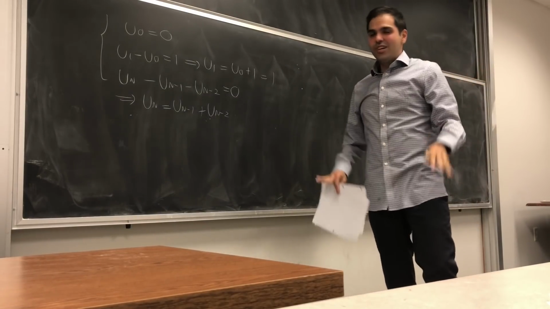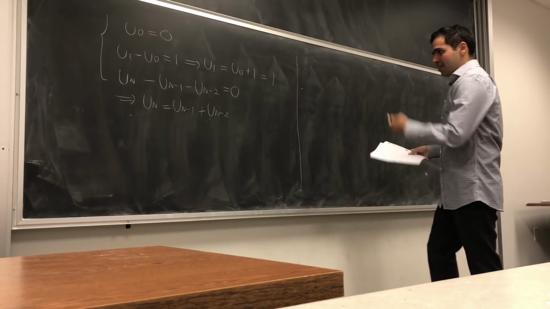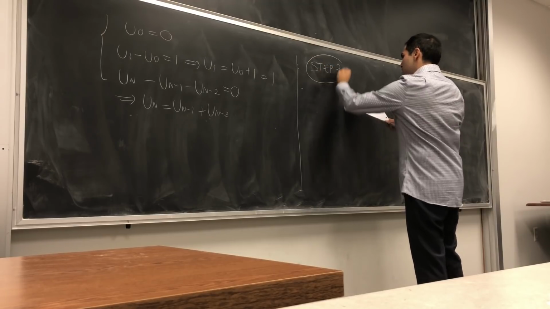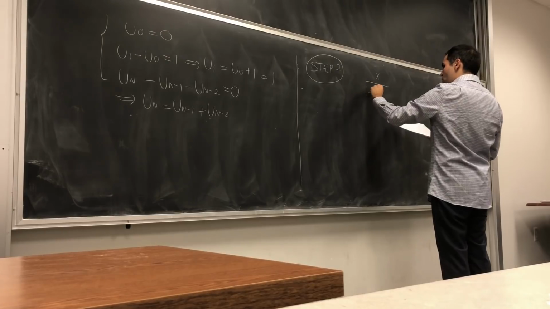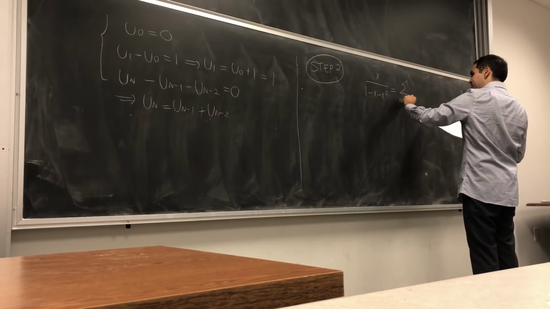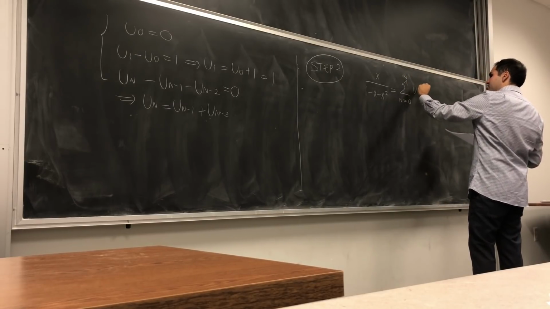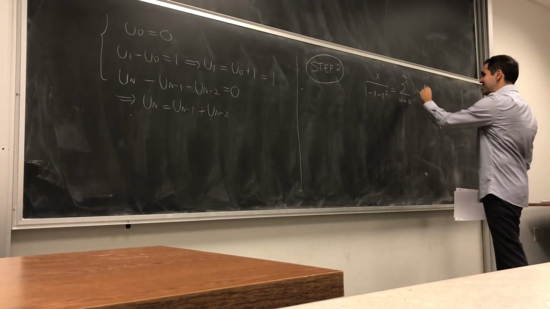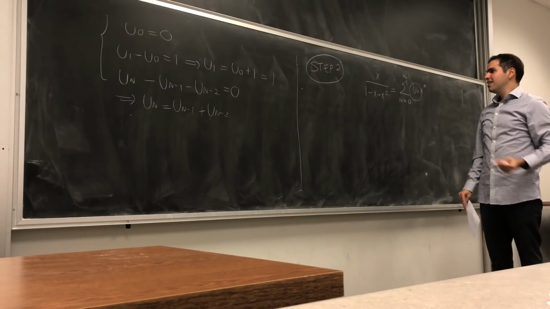Okay, really cool. What have we shown? We've shown that if you can write x over 1 minus x minus x squared as a power series, so sum from 0 to infinity of un x to the n, then in fact the coefficients satisfy the Fibonacci relationship.